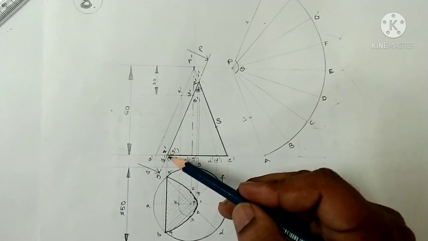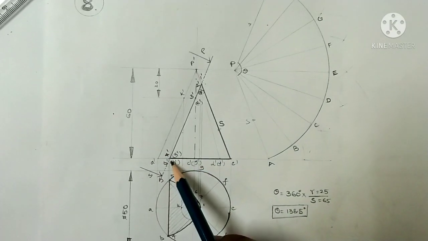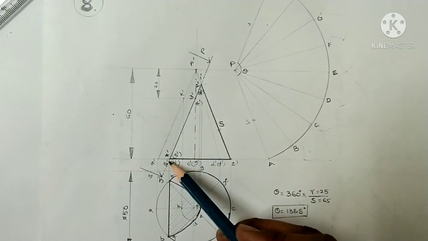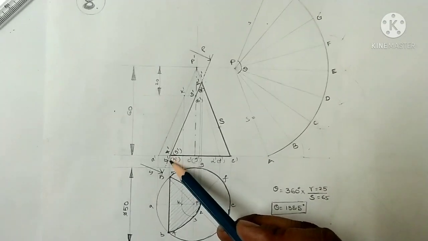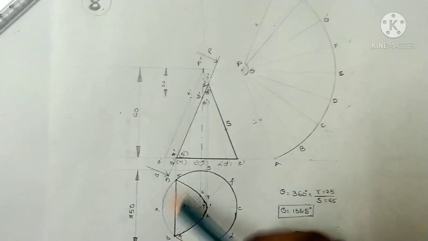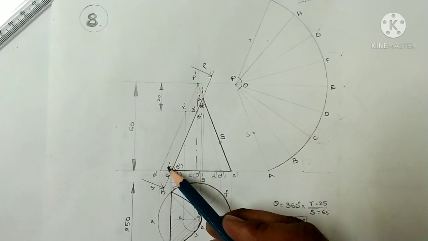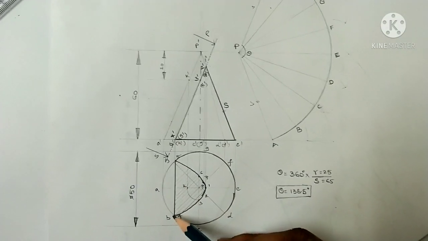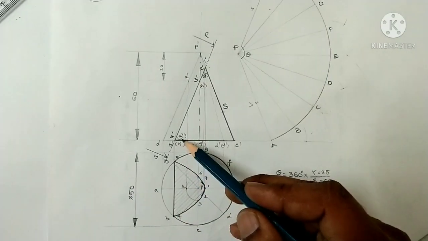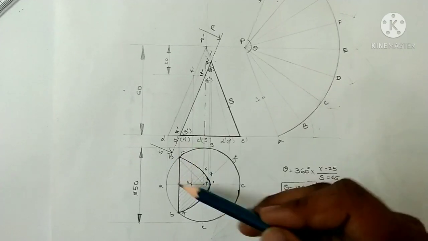Similarly, coming to 4 and 5, these are located on the base. Nearer to BH, we can observe this point. If you project this one, we have to mark these points on the base circle. The front end is located outside, so we can mark this point as front end 4. And 5 is invisible, so we keep this one as the back end.